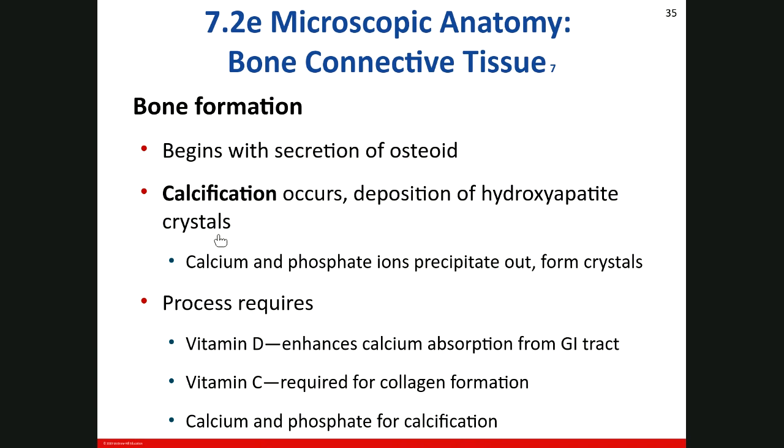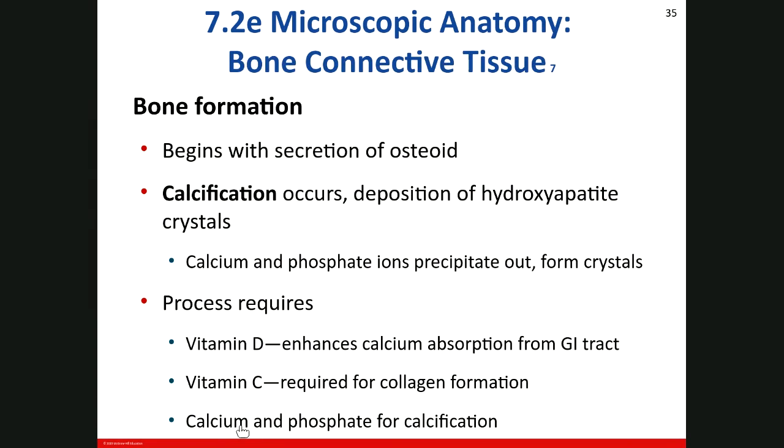Calcium and phosphate ions precipitate out and form crystals. This process requires vitamin D. Vitamin D enhances calcium absorption from our gastrointestinal tract or digestive system. We also need vitamin C for making collagen, and we need calcium and phosphate for the process of calcification. So this is about bone formation.